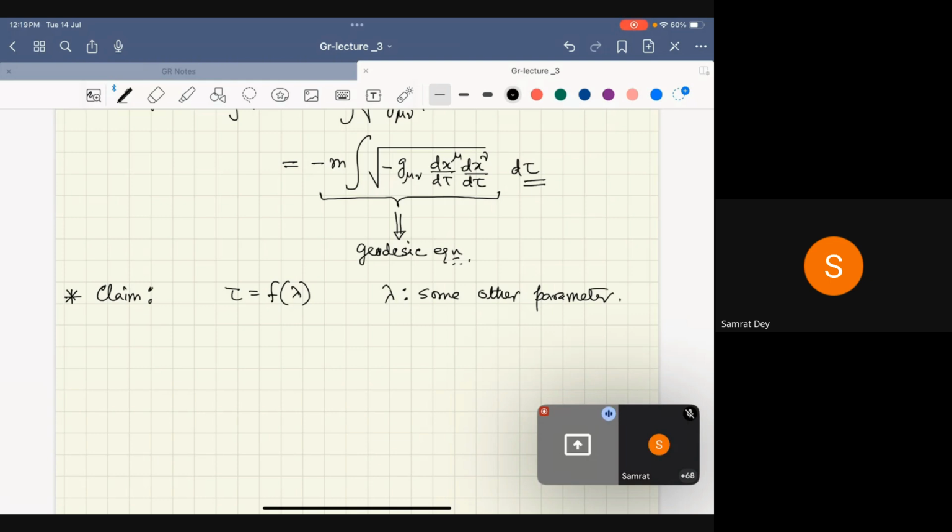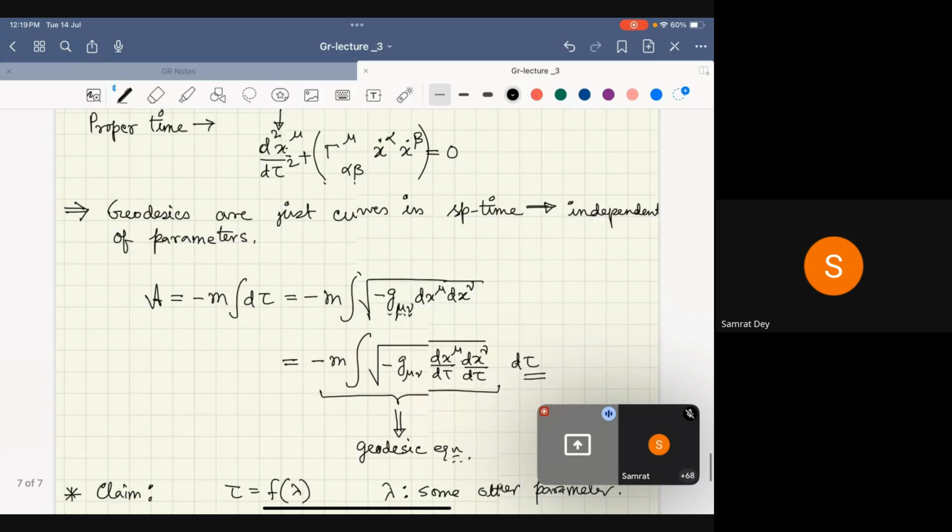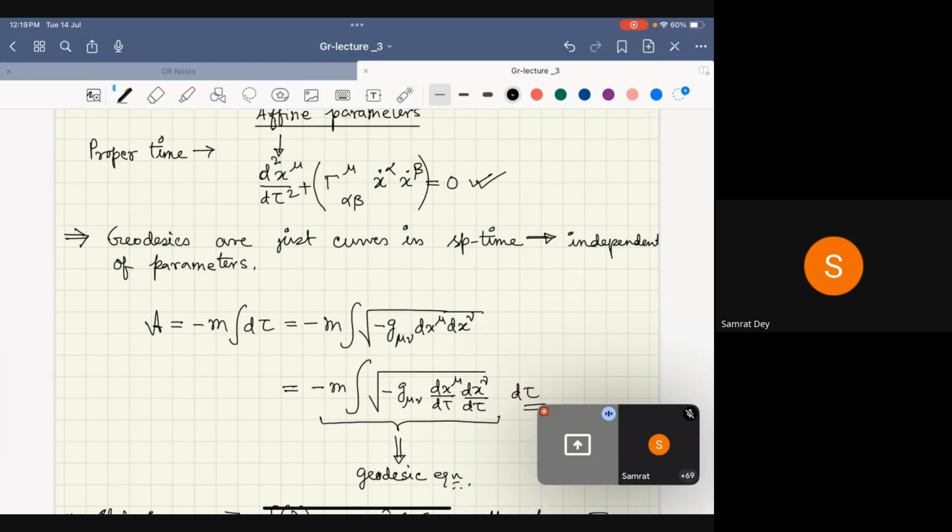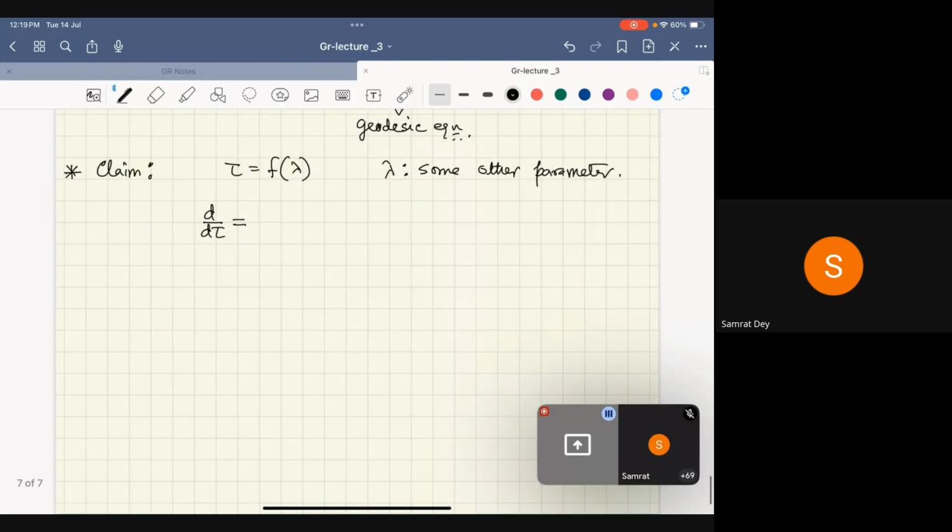And then I immediately can write this d d tau, because the expression of the geodesic contains d d tau and d2 d tau 2.